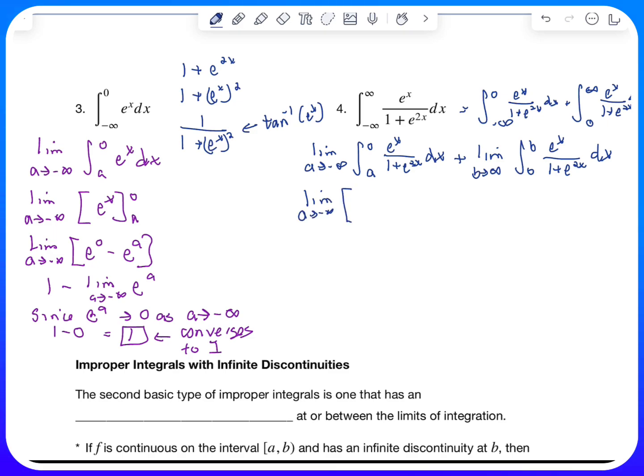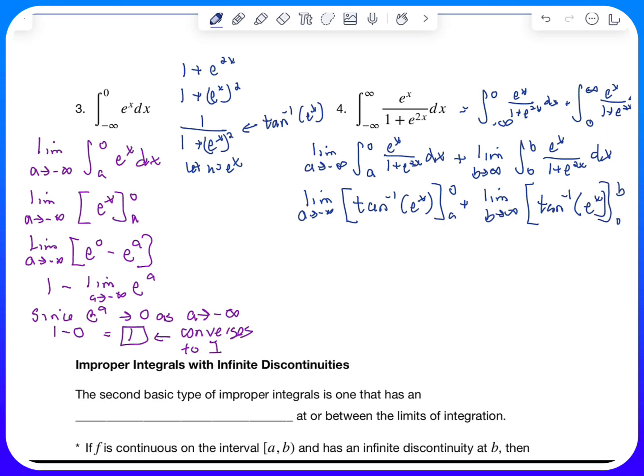So I have the limit as a goes to negative infinity of the arctangent of e to the x evaluated from a to 0, plus the same integral on the side, the limit as b goes to infinity of the inverse tangent of e to the x evaluated from 0 to b.